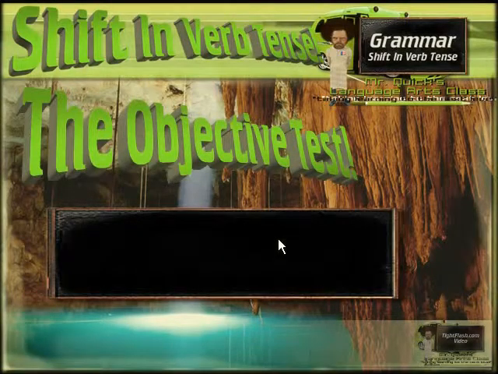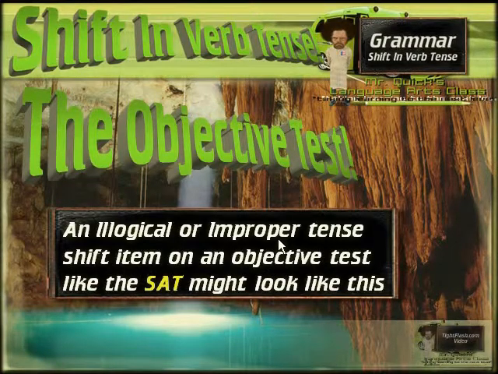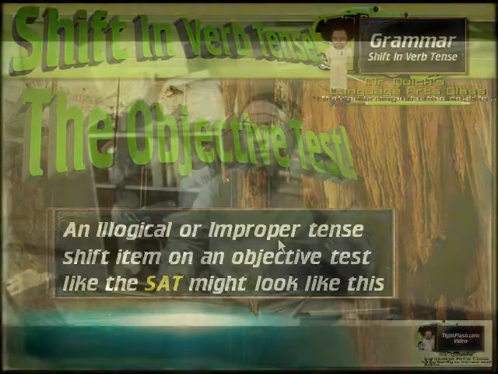When talking about objective tests, and of course we're talking about tests like standardized tests, like the SAT in its present form, the whole goal is to not give you the opportunity to see what comes before the sentence.